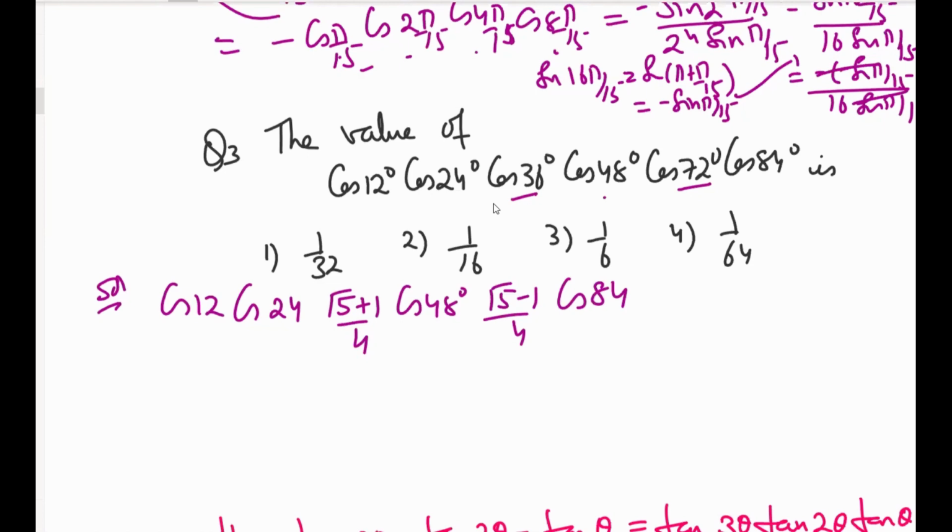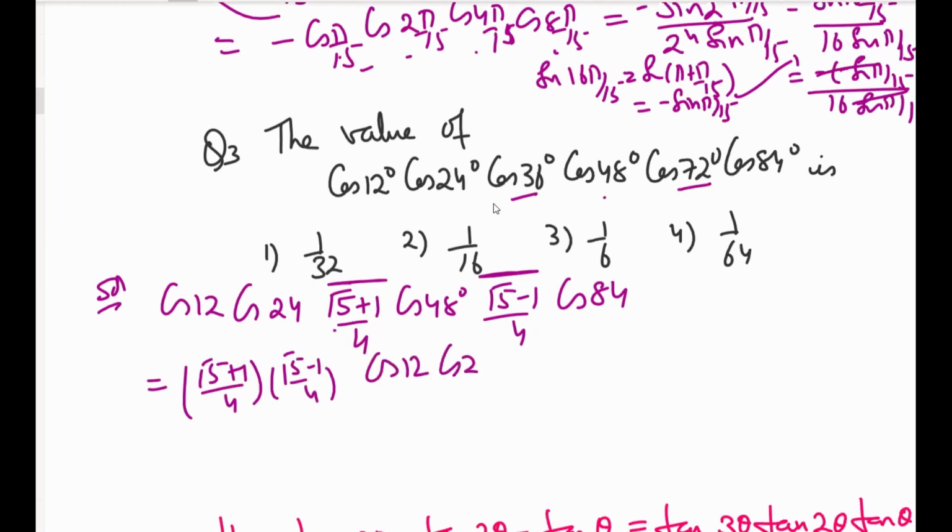Now this is an identity of (x − y)(x + y). So I am writing at first place (√5 + 1)/4 and (√5 − 1)/4, and the rest values are cos 12, 24, 48, and 84.